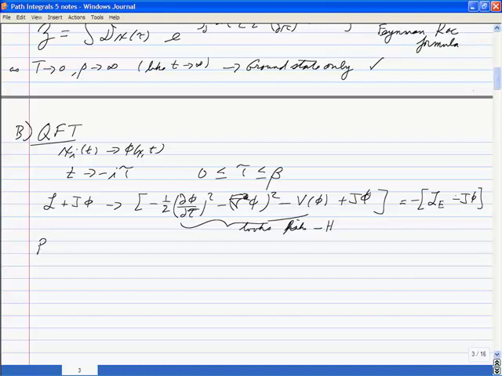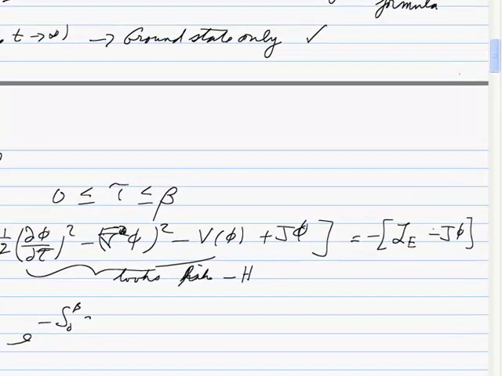And the partition function then, Z of J, is the integral d phi e to the minus integral 0 to beta d4x of L Euclidean minus j phi.